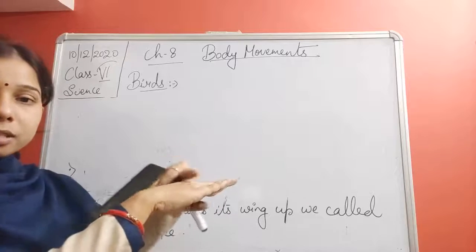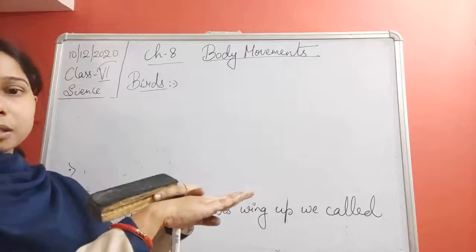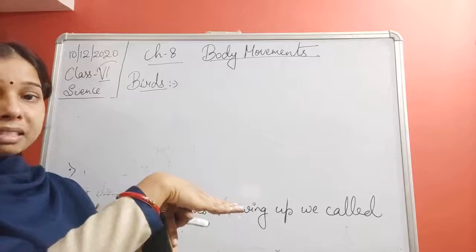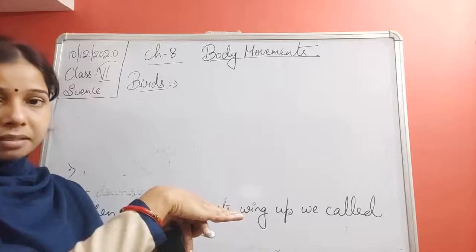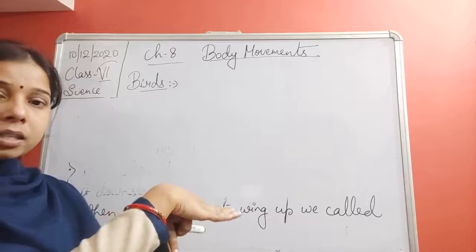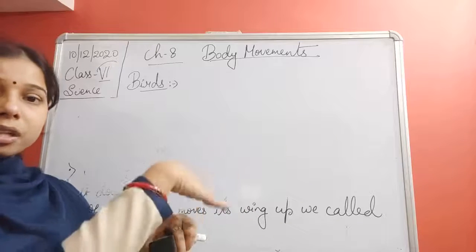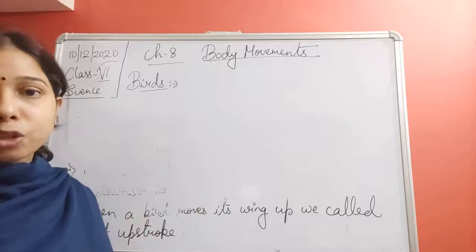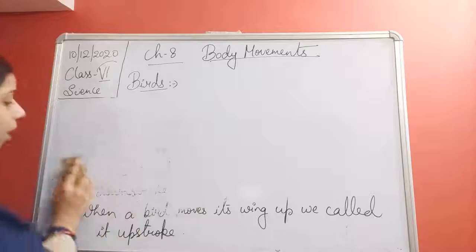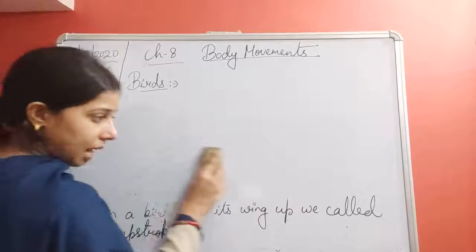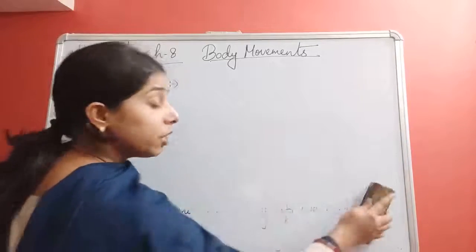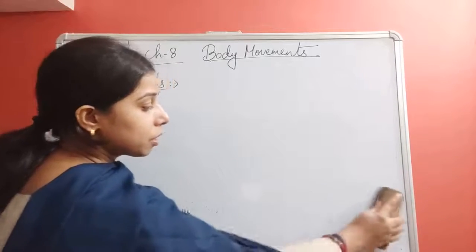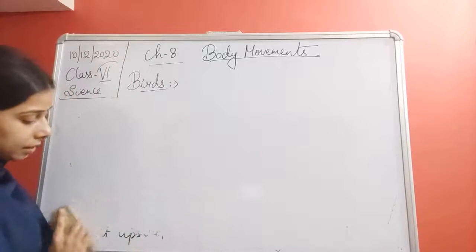If this is a pair of muscles, and this muscle contracts, the wing goes down, and at that time the muscle in the opposite direction relaxes. When this one contracts, it goes in the upward direction. So this upward and downward movement occurs because of the muscle attached with it. So the rapid contraction and expansion of the flight muscle is responsible for flapping of the wings.